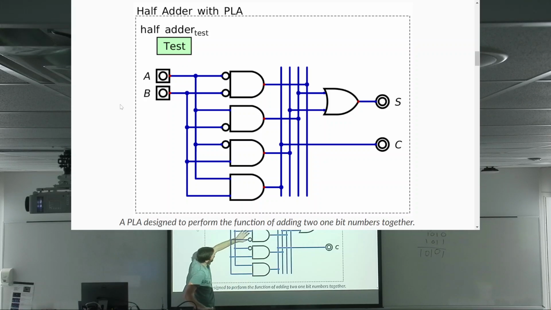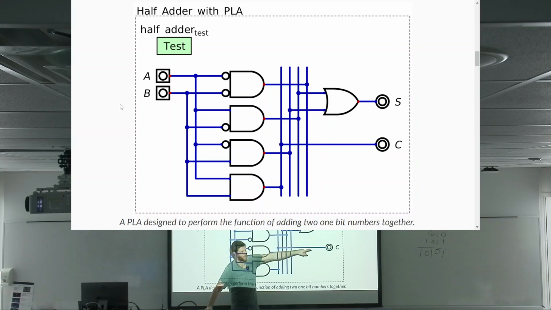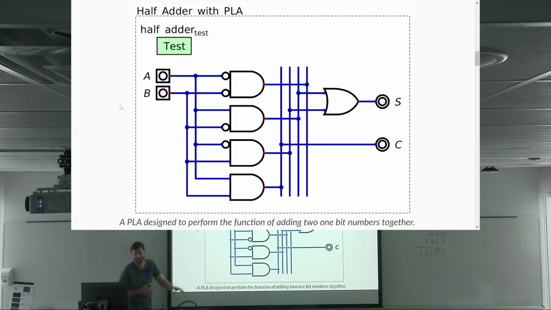When I see a 0, 1, go to S, or a 1, 0, and then a 0, 1, go to S. And when they're both on, turn the carry bit on. Right? There. We can brute force this with a programmable logic array. When in doubt, programmable logic array. Learn to love them. They're fantastic.